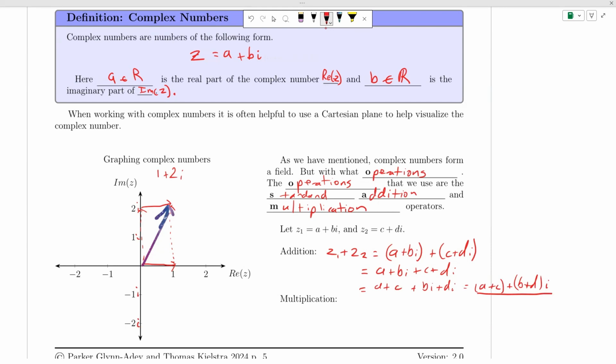We can see that a plus c is a real number, and b plus d is a real number. So we get a complex number when we add the two numbers. Okay, so we're closed under addition.